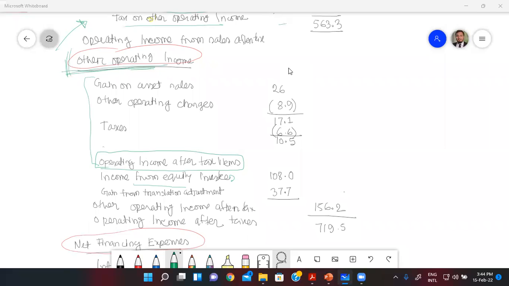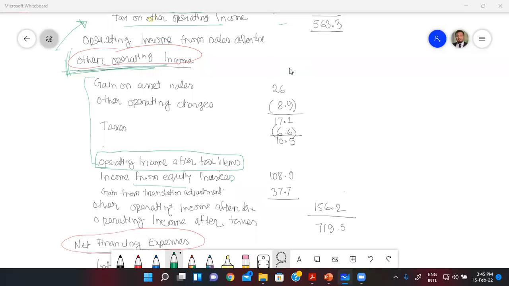Okay, because they have mentioned the item as interest and other income. So you have to separate out the other income because probably that is part of other operating income. So you see from the list, which item will come as other operating income? What do you think? Interest income?